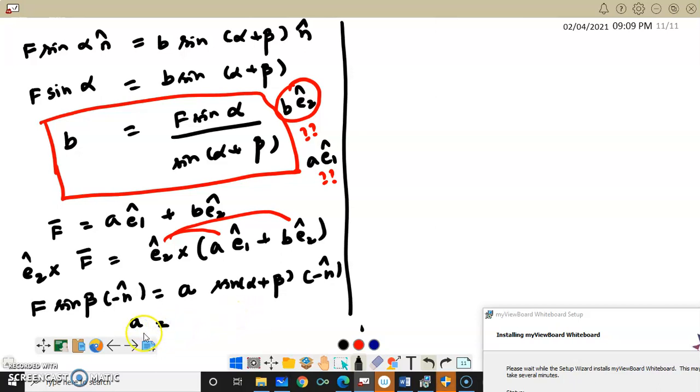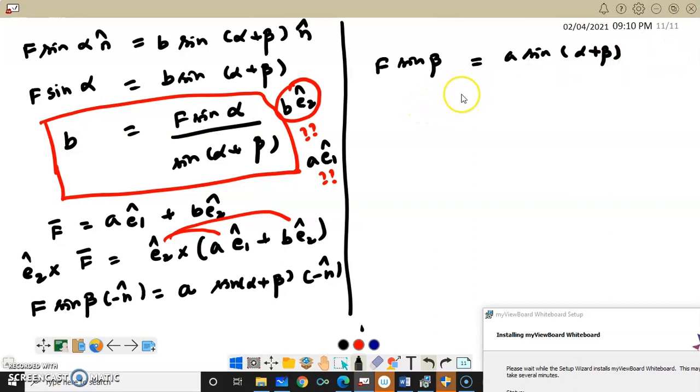We'll write it down one more step. Minus n cap, what we will do? We will take the minus n cap component: F sin beta, minus n cap component, equal to A sin of alpha plus beta, minus n cap component.